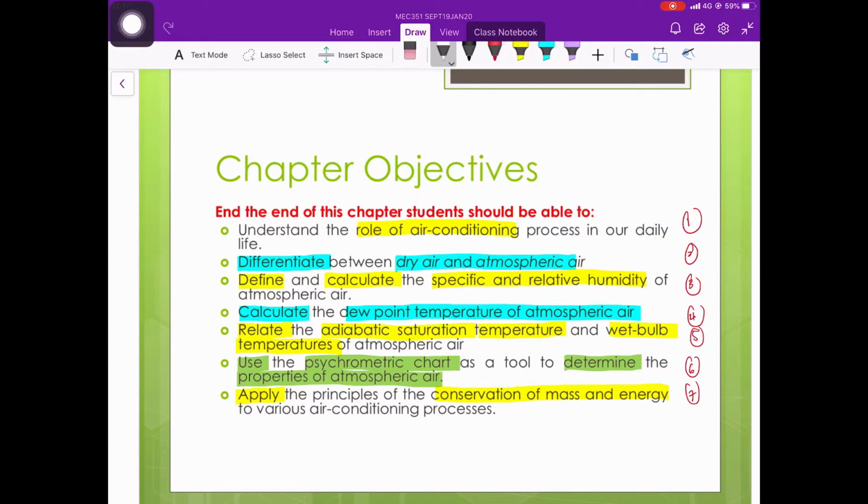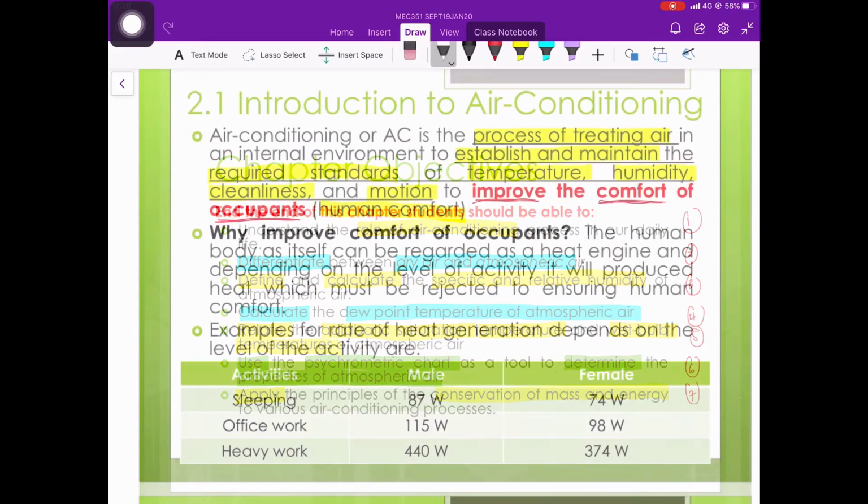You are able to differentiate between dry air and atmospheric air, define and calculate specific and relative humidity of atmospheric air, able to calculate the dew point temperature, able to relate the adiabatic saturation temperature and wet bulb temperatures of atmospheric air, able to use the psychrometric chart as a tool to determine the properties of atmospheric air, and able to apply the principles of the conservation of mass and energy to various air conditioning processes.